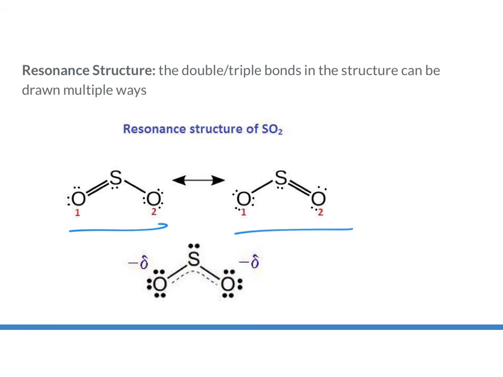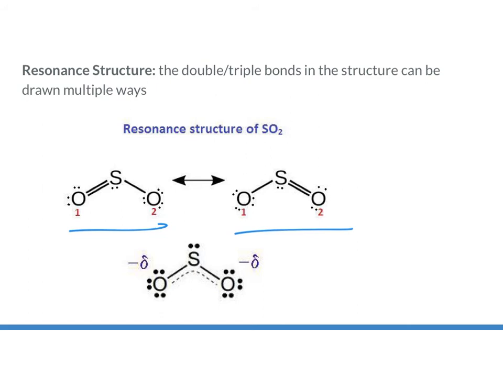And a way that we depict a resonance structure is to draw the Lewis structure so that all of our outer atoms have the absolute most lone pairs that they can. And then we're going to draw this dotted line to represent that the double bond could either go here or it could go here.